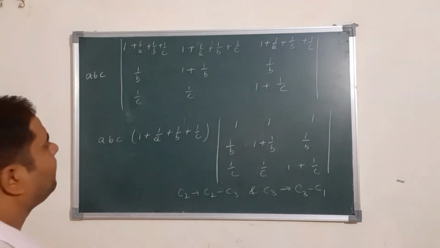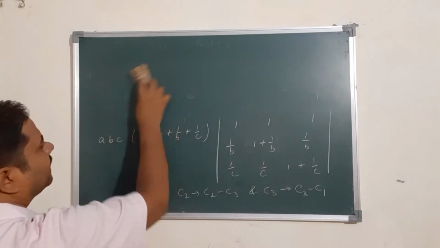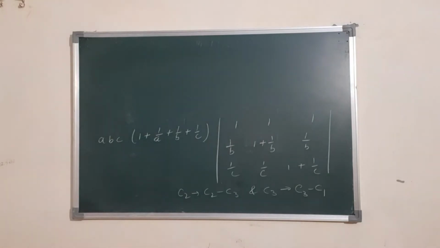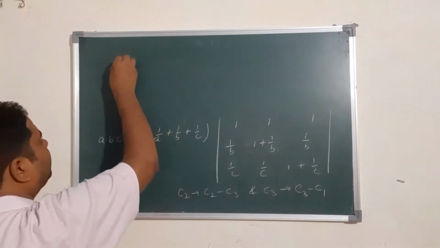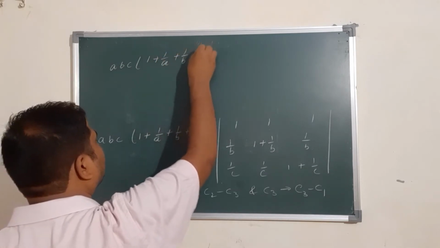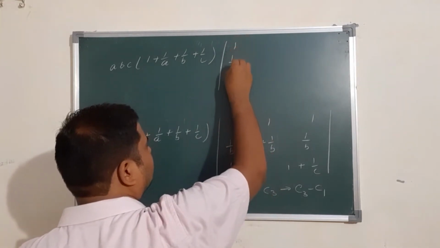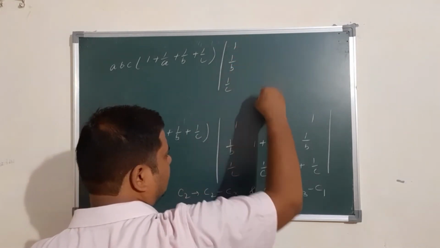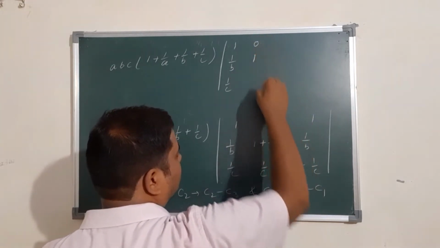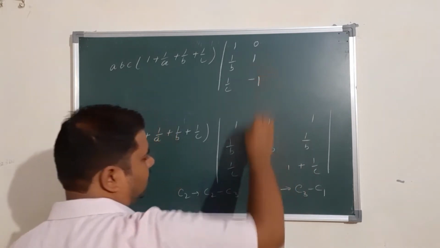Next step, abc times (1 plus 1 upon a plus 1 upon b plus 1 upon c), then 1 by a, 1 by a, and here 1 minus 1 is 0, 1 plus 1 by b minus 1 by b is 1, and 1 by c cancels, minus 1.